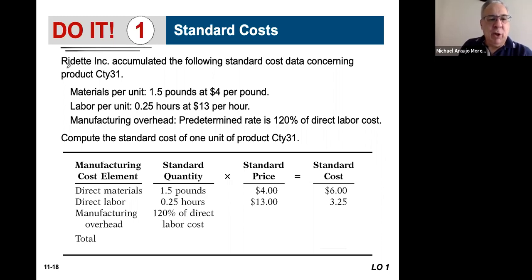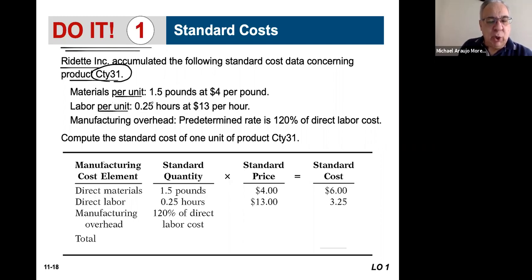So here we have a company, Ridet Inc. They accumulated the following cost data concerning their product CTY31. Here is the material per unit, 1.5 pounds at 4 bucks a pound.